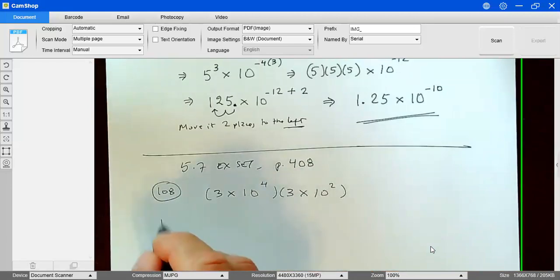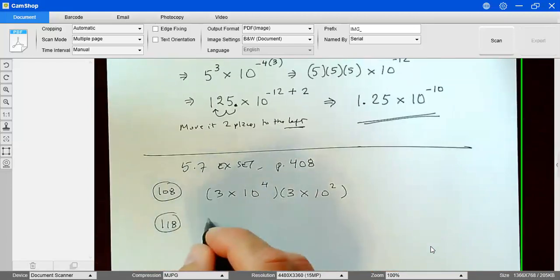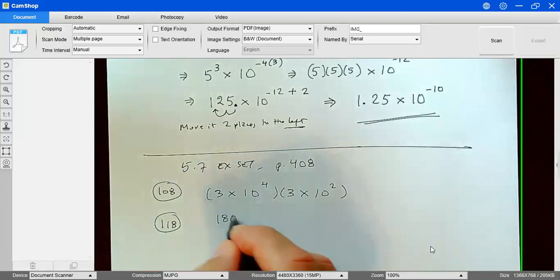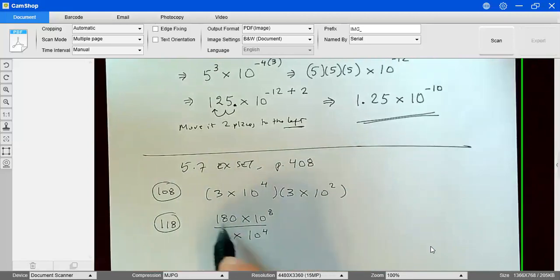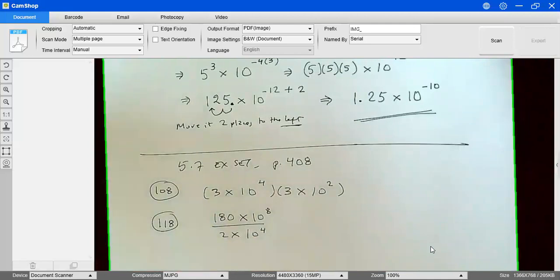And then problem 118, you're going to divide 180 times 10 to the 8 over 2 times 10 to the 4. Here, this is a number that is not written in scientific notation, so this is just a division of powers of 10. So we're on these exercises, and this is the end of the chapter.